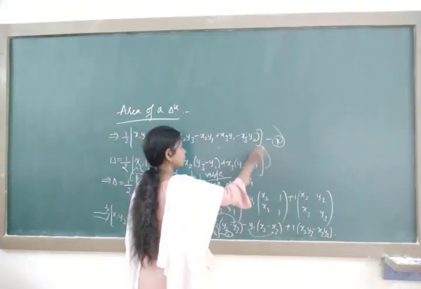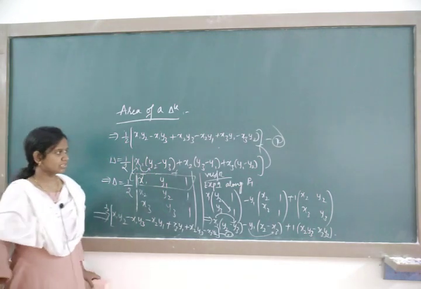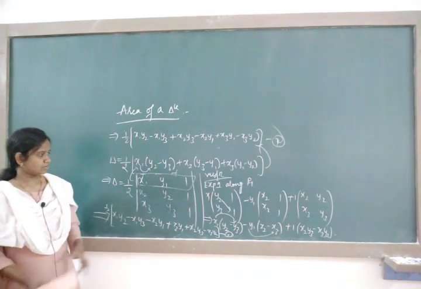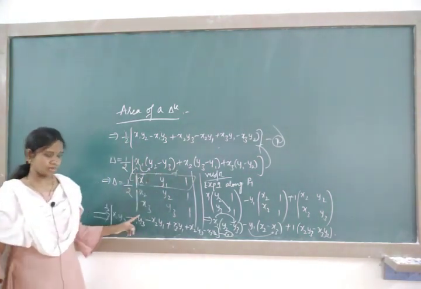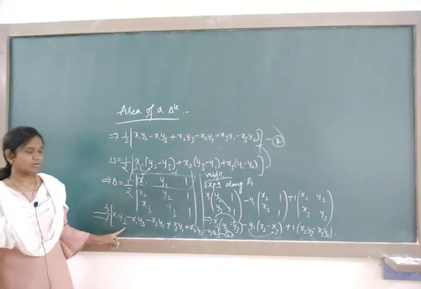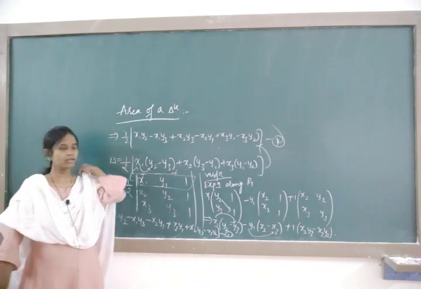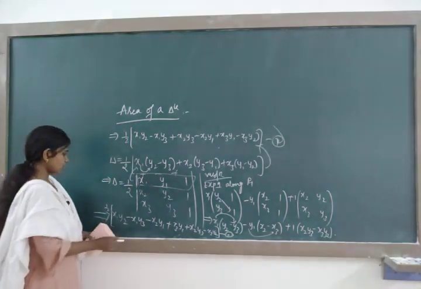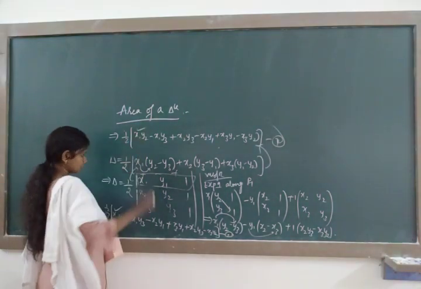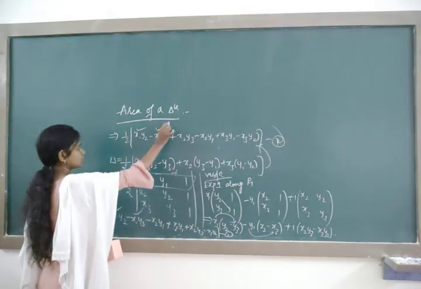This is the formula we already know. When you multiply the elements inside, you get this. By using the determinant, the same formula can be written in this form. Now we will check whether we are getting the same terms or not. Here it is x1 y2, we also got x1 y2. Next x1 y3, we also got.